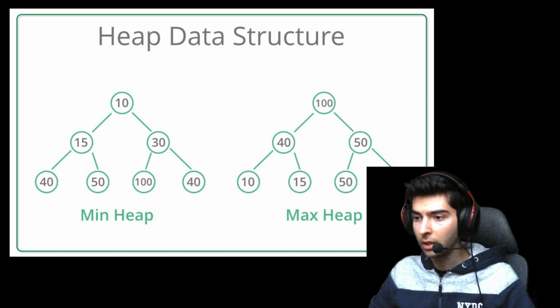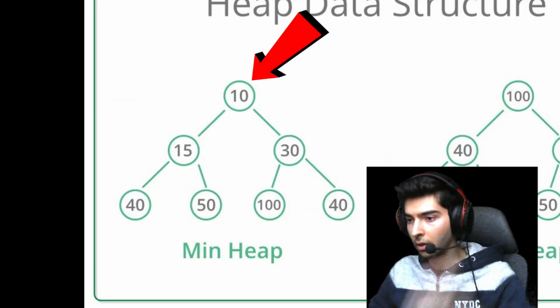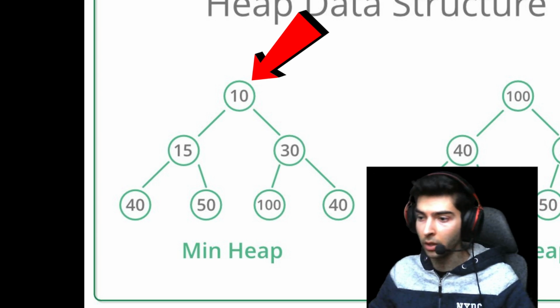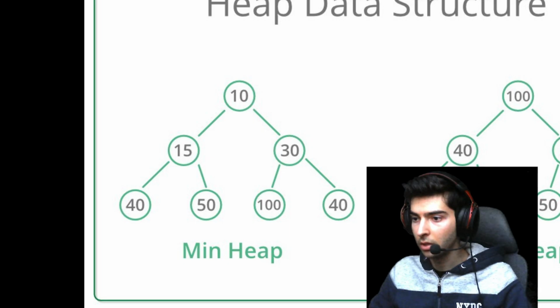So essentially, heaps have two or three operations. The first one would be pulling from the heap, so basically taking the node at the top and getting its value. For that, we can do either peek, which is just looking at it, or poll, which is returning the value and also taking it out from the heap. This is done in O(1) time. And then we have the operation to add.